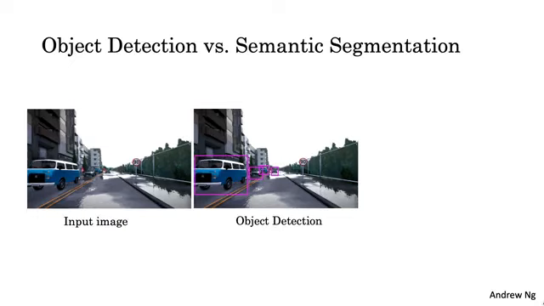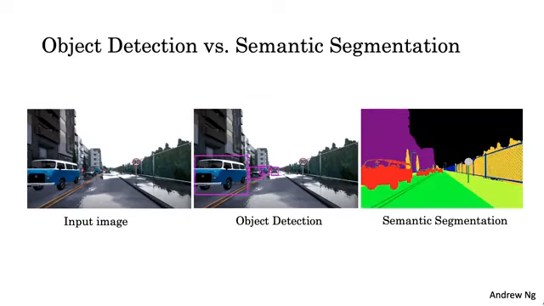This might be good enough for a self-driving car, but if you want your learning algorithm to figure out what every single pixel in this image is, then you may use a semantic segmentation algorithm whose goal is to output this, where, for example, rather than detecting the road and trying to draw a bounding box around the road, which isn't going to be that useful, with semantic segmentation, the algorithm attempts to label every single pixel as, is this drivable road or not, indicated by the dark green there.